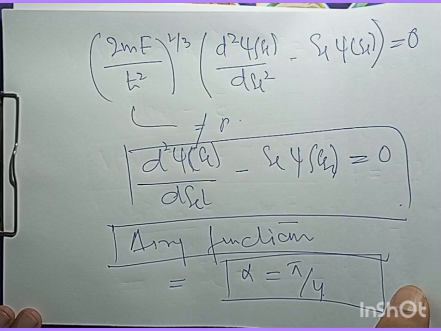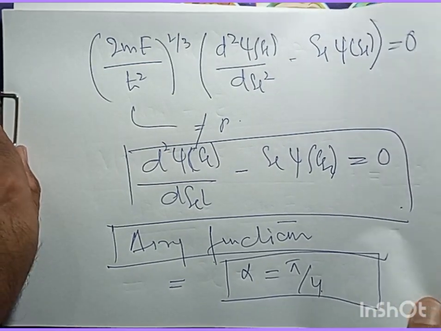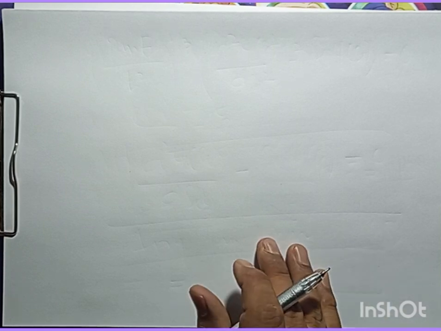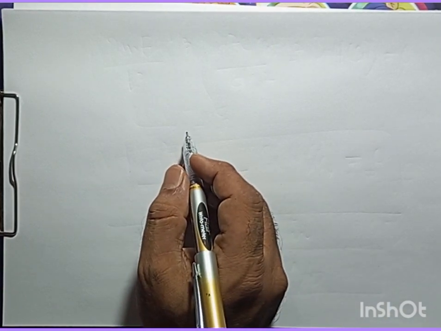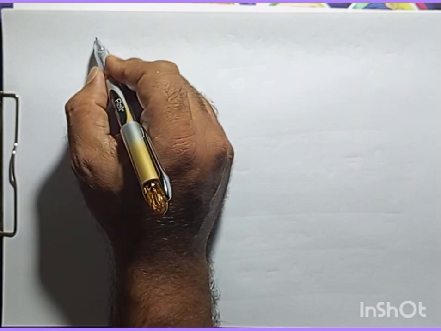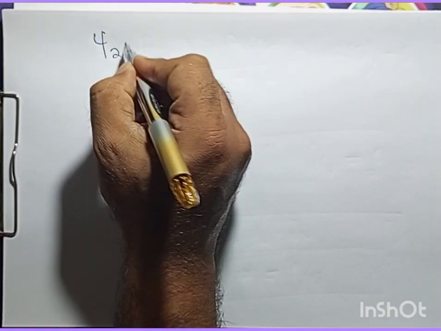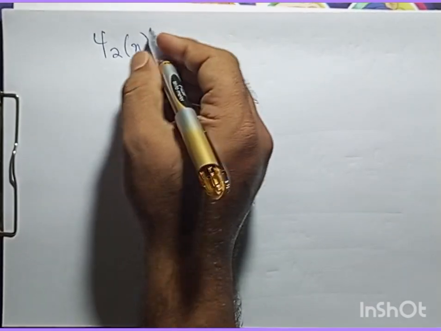Okay, so what we can do now is write down the connection equation here. We will have a connection formula for this quasi-classical case, and what we have here is psi 2 of x, between 2 and 3.